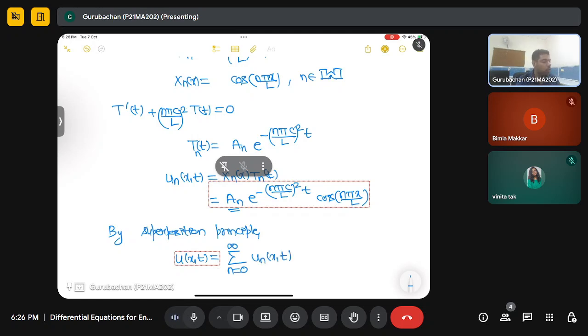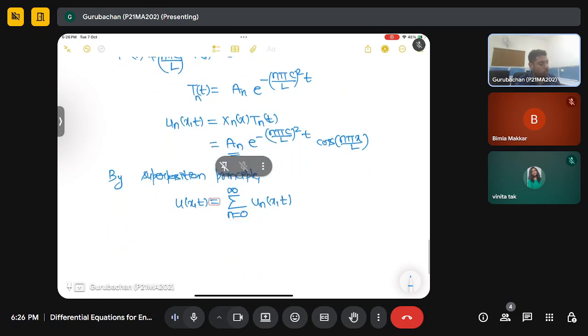Since n can be any whole number, that is why here n is 0 to infinity. So this will give you the sum from n equals 0 to infinity of a_n e to the power minus (n pi c by l) whole square t cos n pi x by l.